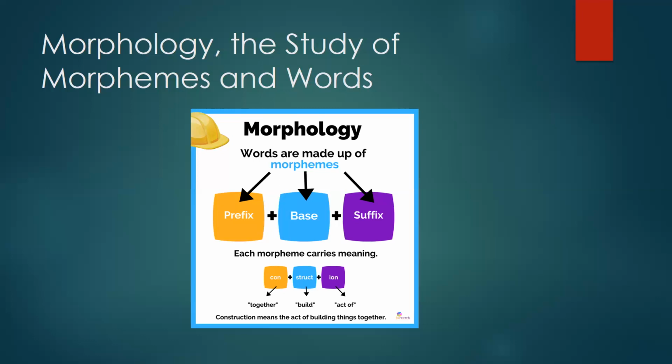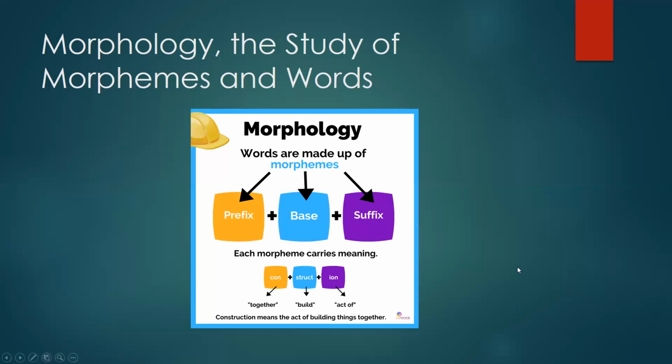For example, unhappy, right? We have the word happy as the base form, and un is going to be the prefix. This is the construction of words that makes sense, and it goes a little bit beyond the language, beyond the structures.